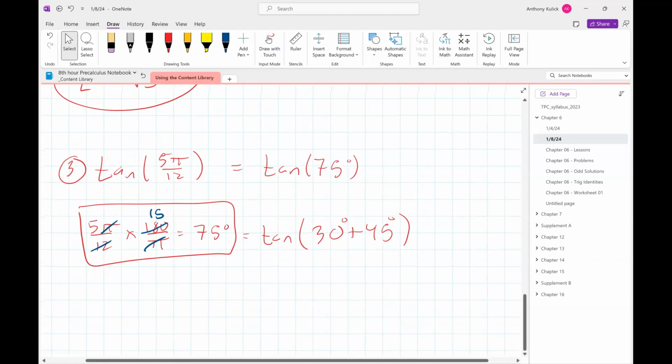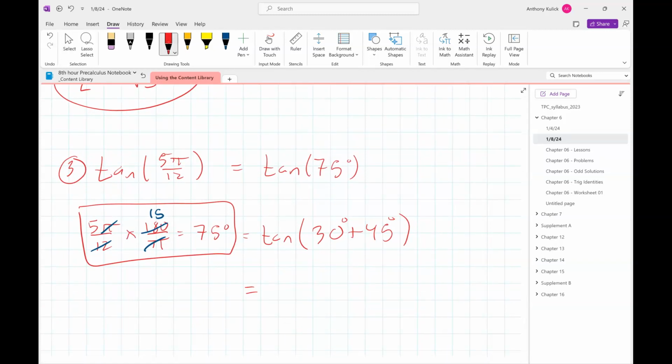I'll go to my unit circle or my equation sheet here and pull out the sum difference identity SD5 again, because again, it's a tangent with a sum inside. So that's going to be tan 30 plus tan 45 over 1 minus tan 30 times tan 45.